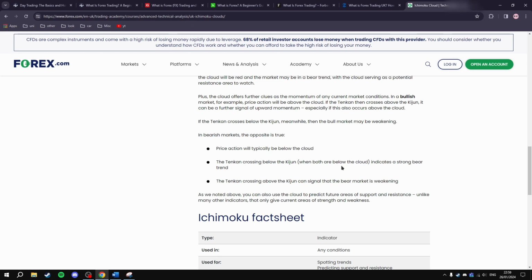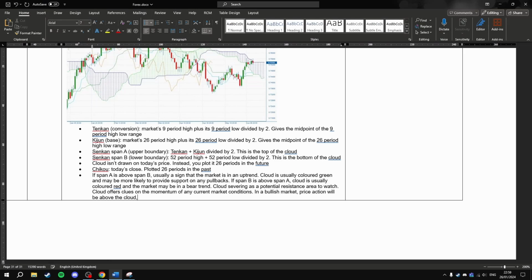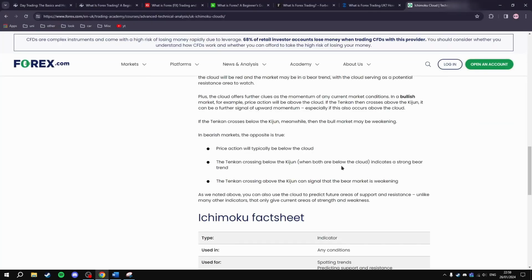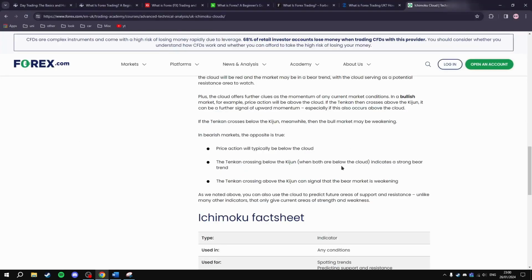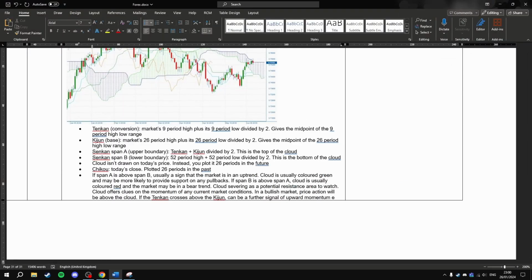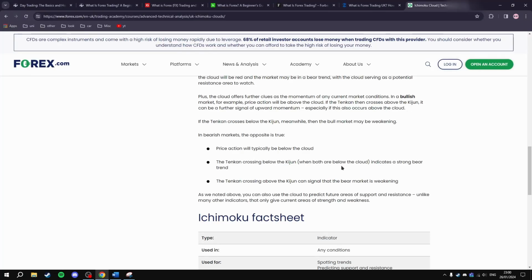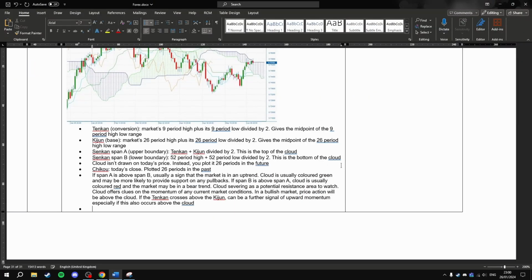If the Tenkan then crosses above the Kijun, it can be a further signal of upward momentum, especially if this also occurs above the cloud.